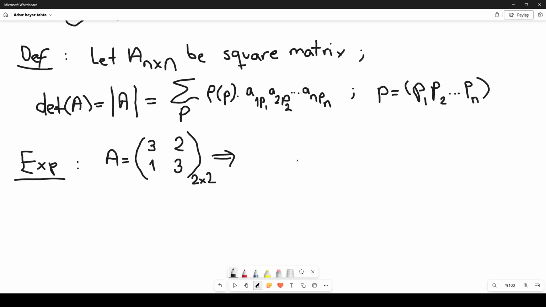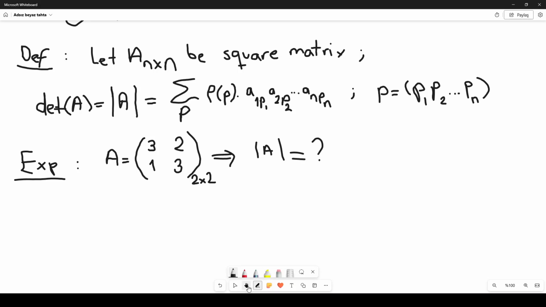The question is to find the determinant. In this example, I will find the determinant of this 2 by 2 matrix by using the definition of the determinant. In our future lectures, I will show you some other methods to compute the determinant.